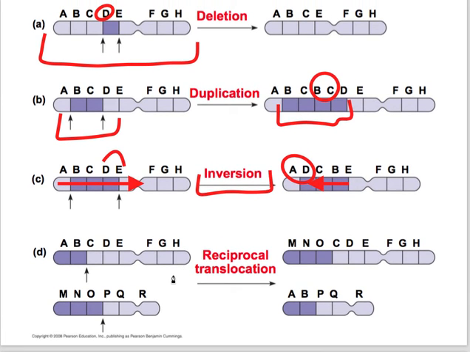This is basically when crossing over accidentally happens, and this is one way it's going to happen. Basically, you have different chromosomes, and so this is a wholly different chromosome than the one we've been talking about. If a region of it is actually going to switch, this is called reciprocal translocation because they're just going to straight up switch in this case and trade for each other. This is when crossing over is failing.